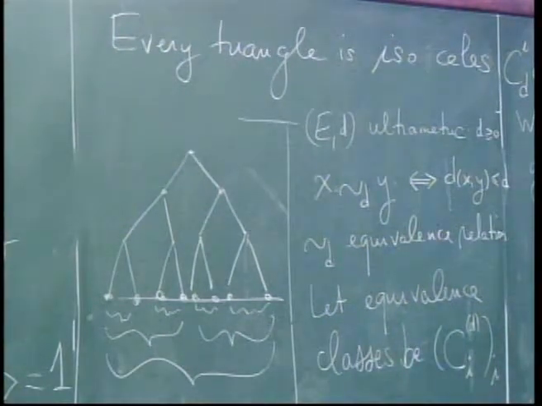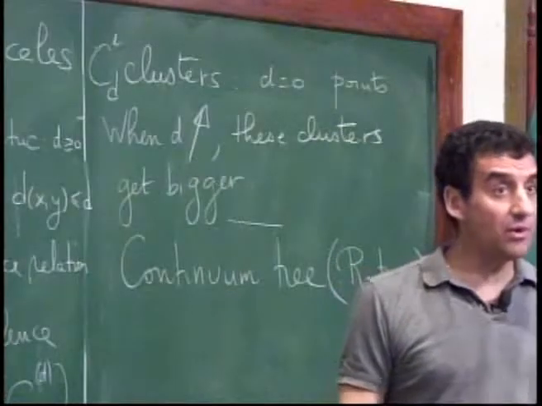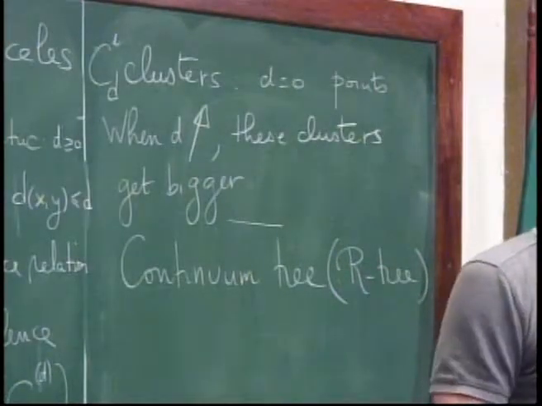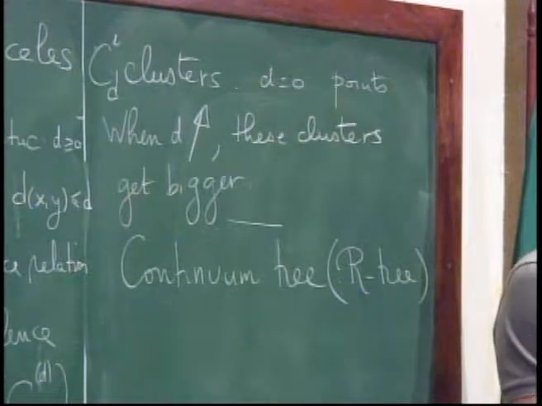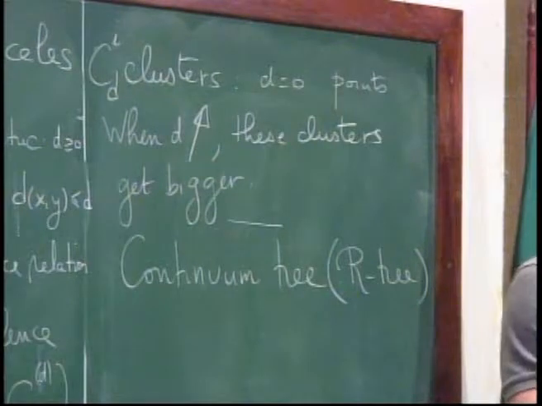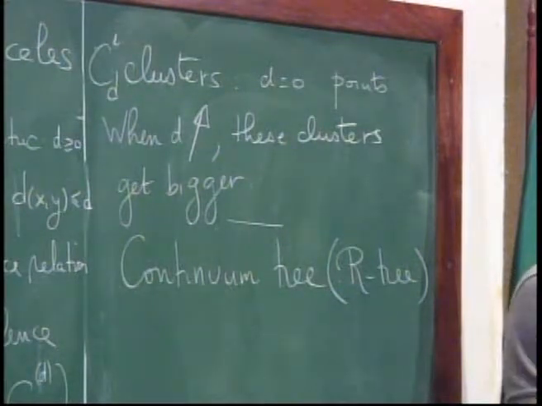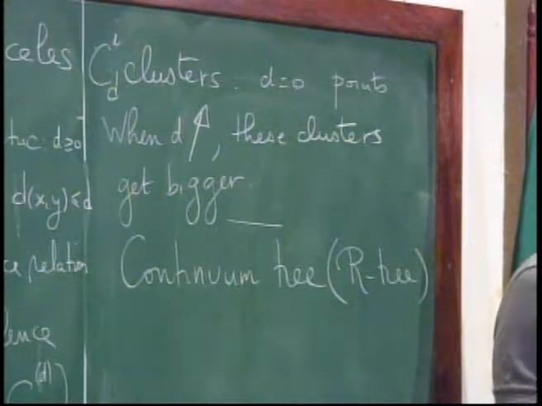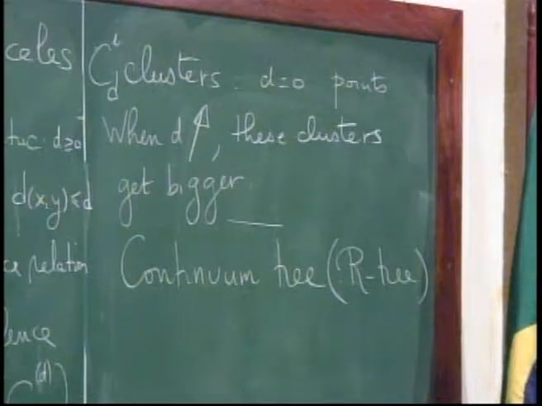Whereas in general, you have a continuum tree, what is usually called an R-tree, a real tree, because the parameter of branching is continuous. It's a little more complicated to see what it is, but there is a whole theory of that. But at least in one case, it's not hard.